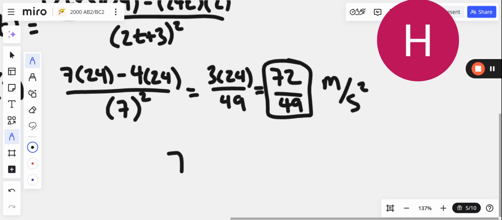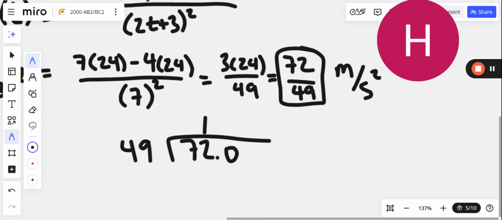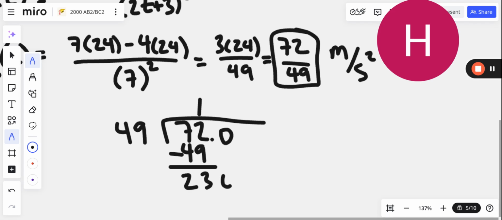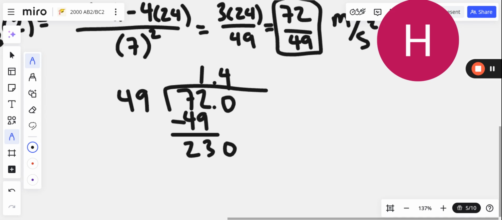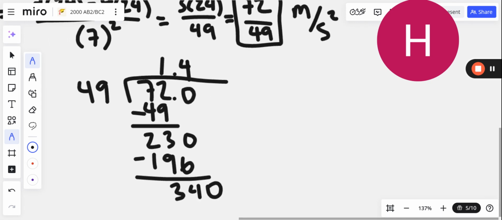And if they really need you to divide that, how precise can we get here? Okay, we have 72 divided by 49. 49 goes into 72 once, leaving 23. 230 doesn't make it 5 times, but it does make it 4 times. That's going to be 196, leaving us with 34, so 340. And that goes in about 7 times.